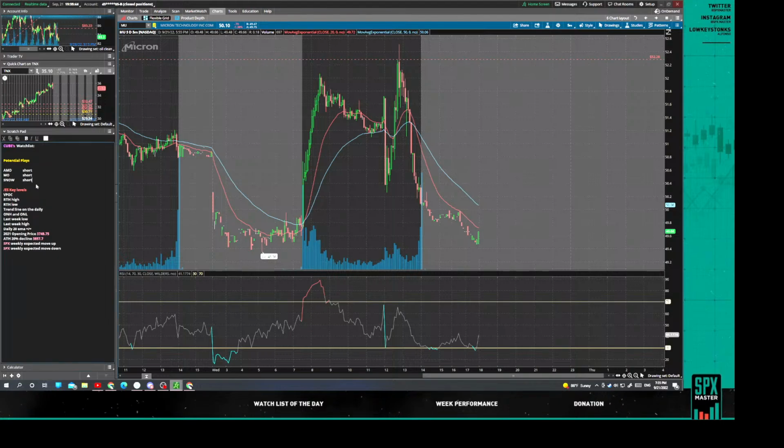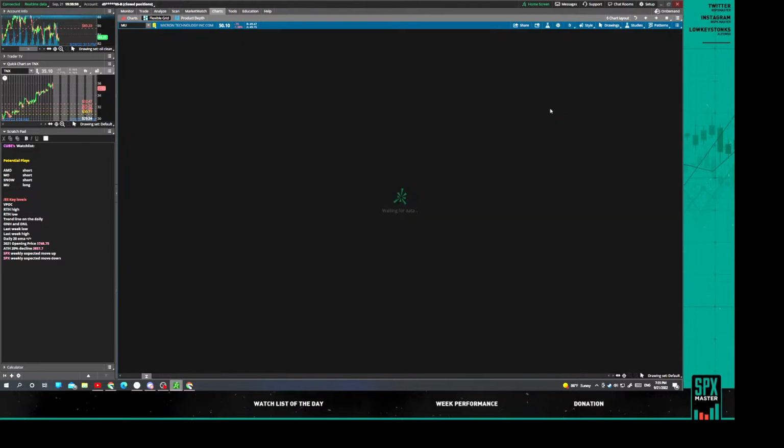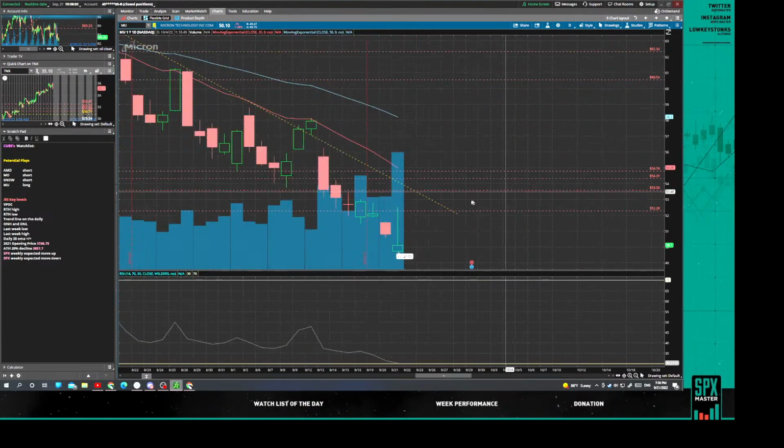I'm probably gonna look for MU long tomorrow. Not necessarily that I'm gonna take it, guys, but just because of the type of candle that it had, the extension that it has.